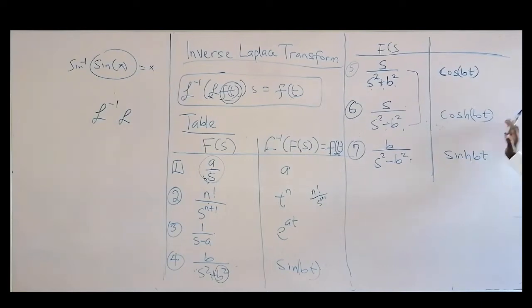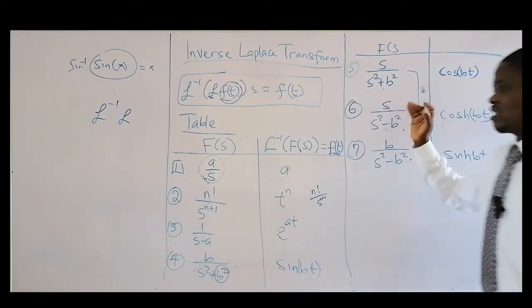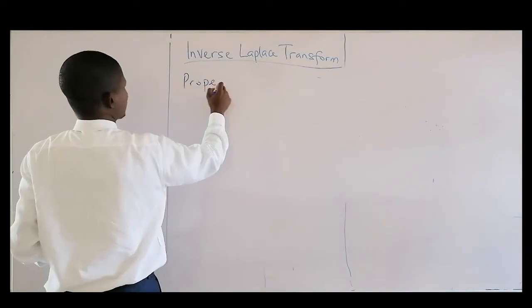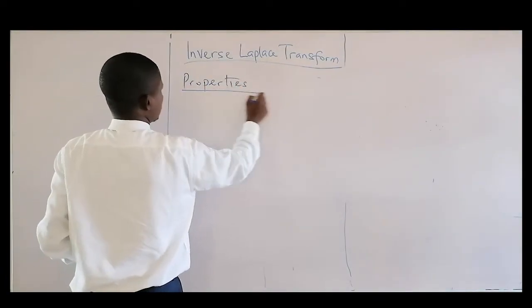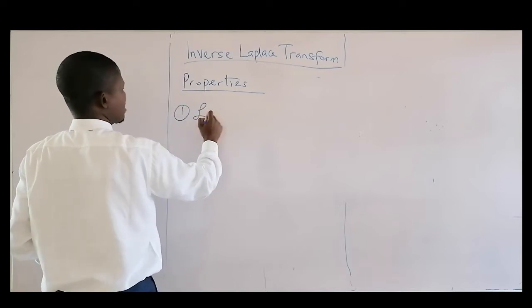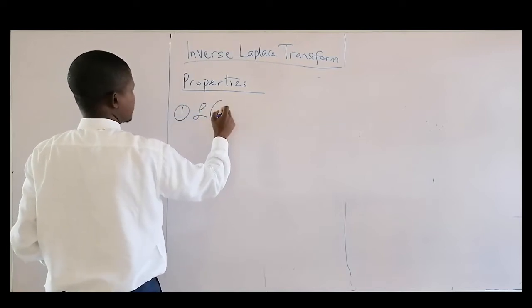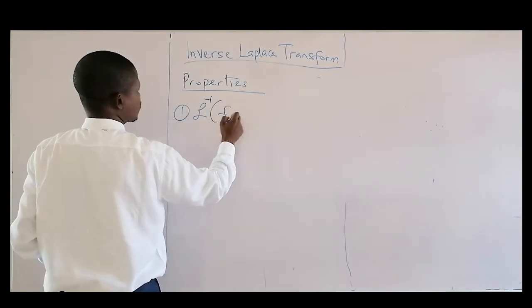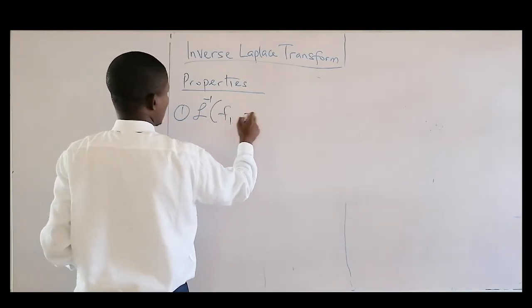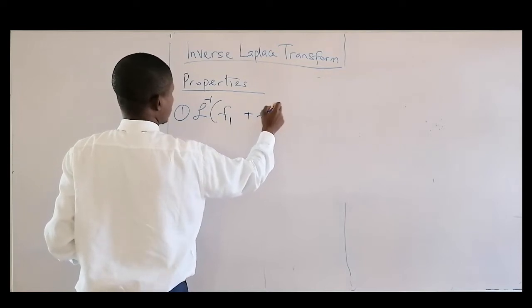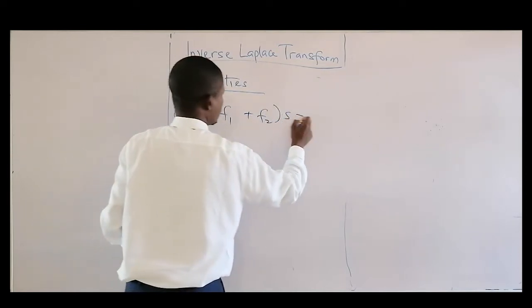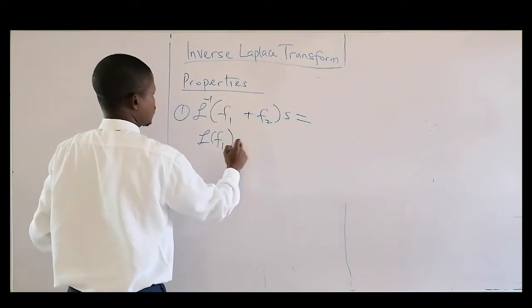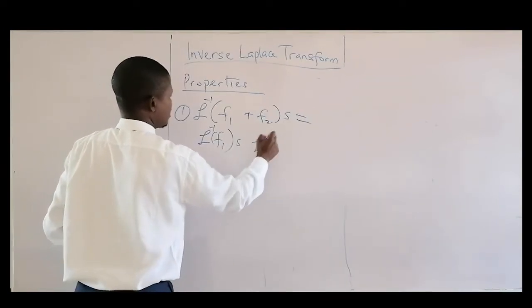We're going to now see how we can use the inverse Laplace properties. Property 1: the inverse Laplace of a sum of functions f1, f2 will be equal to the inverse of each of those functions.